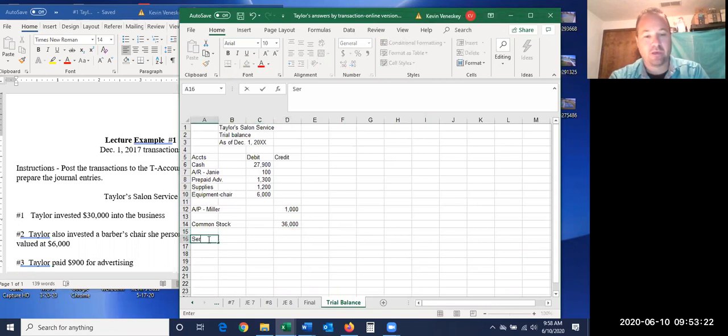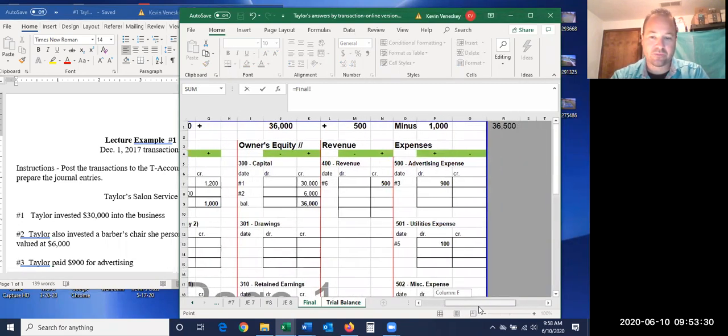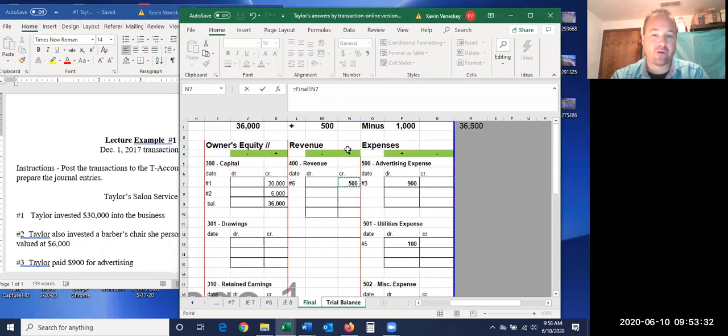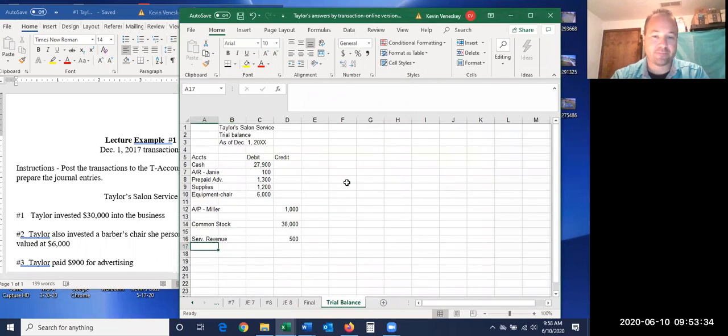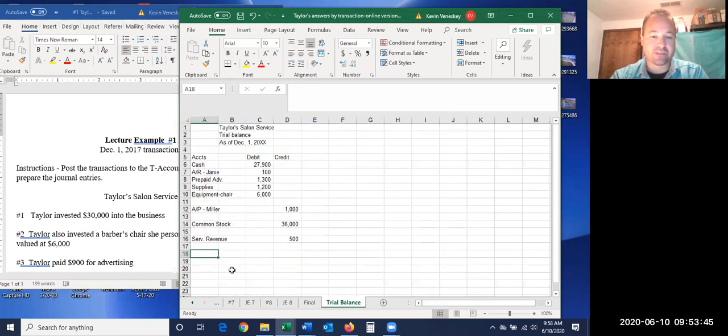And then I have service revenue. It was my next T account that I had used. It was $500 on the credit side. And then finally, I had my two expenses, advertising and utilities.